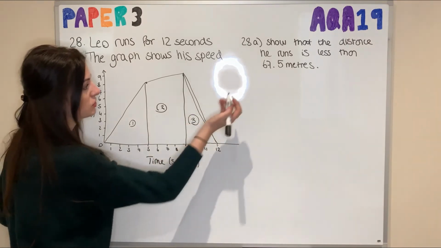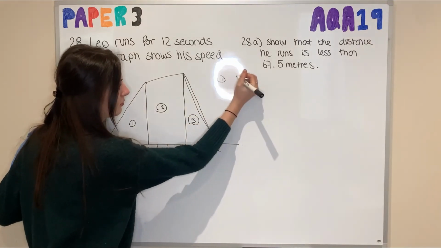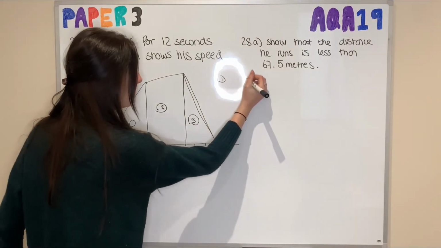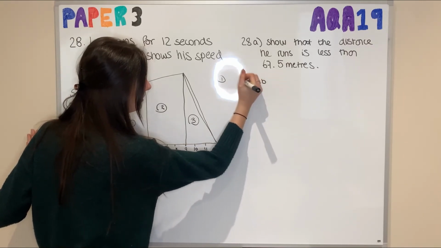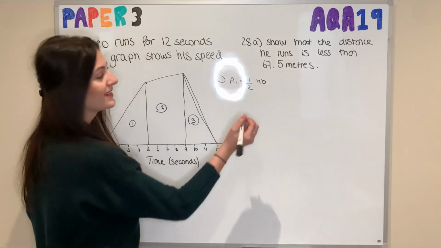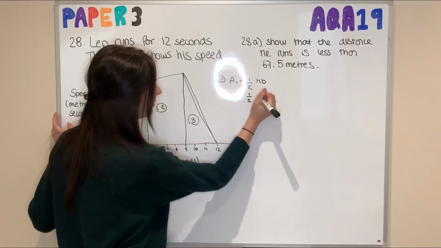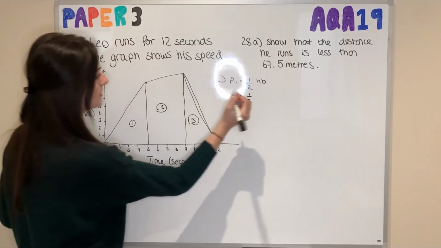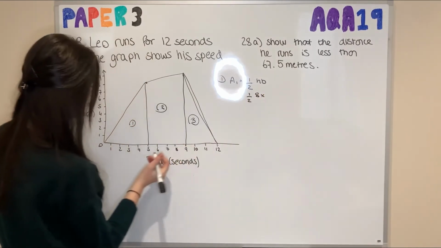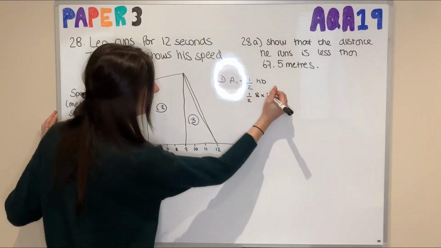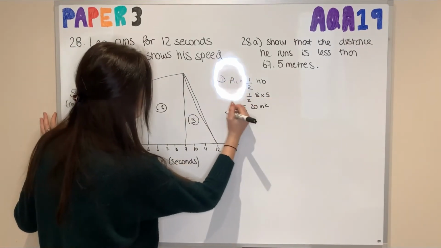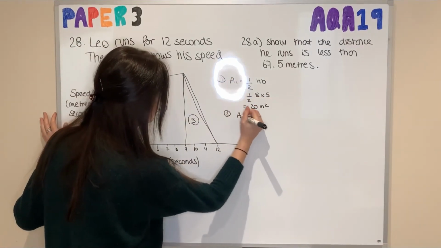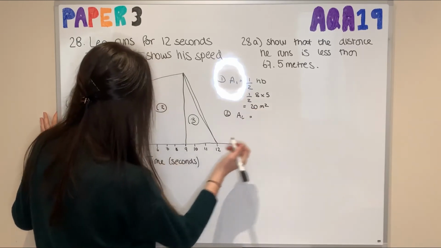So the first shape is just a triangle. For shape 1, we use the equation half HB equals the area. This is half the height of the triangle, which is 8, multiplied by the base, which is 5, and this gives us 20. Then we move on to shape 2, A2. This is the trapezium.